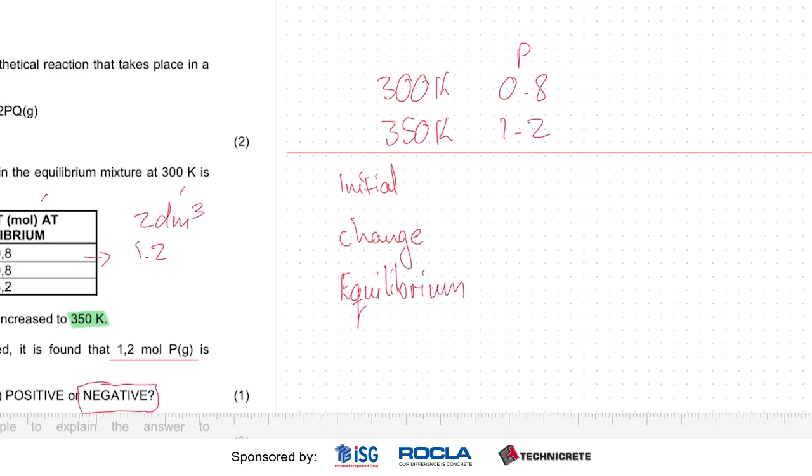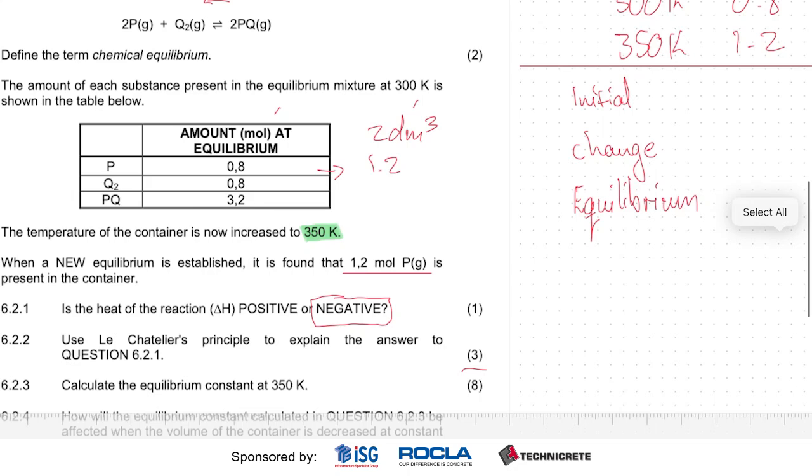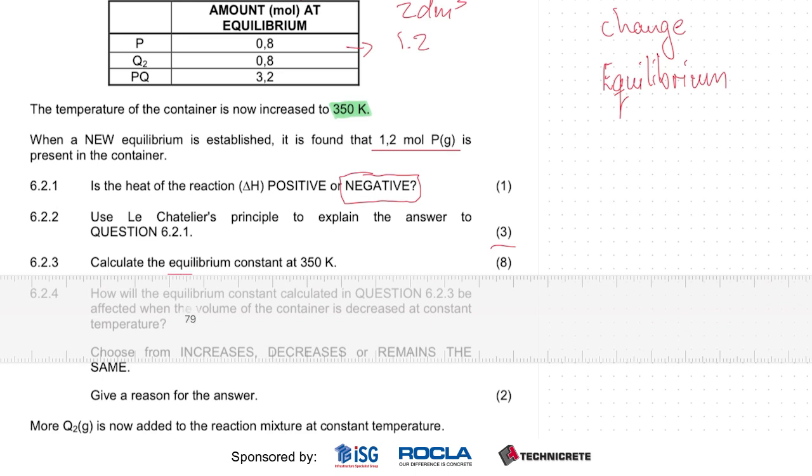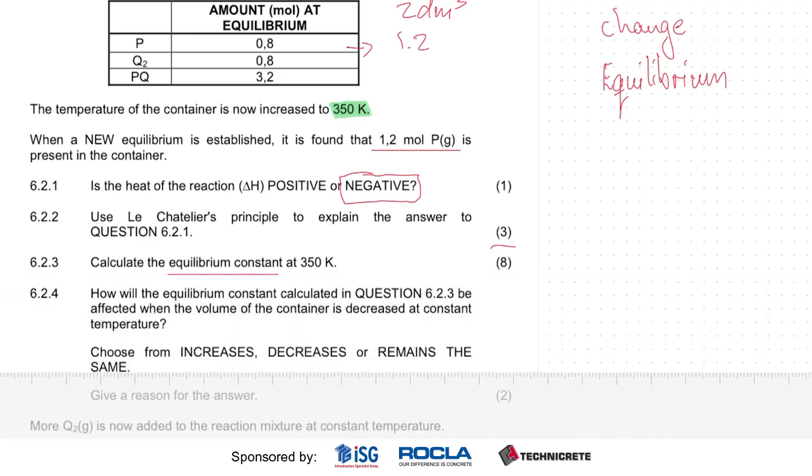Okay, now what's important is that here they give us amounts, not concentrations. But when you're calculating an equilibrium constant, you have to use concentrations, not mole amounts. Okay, it has to be concentrations.